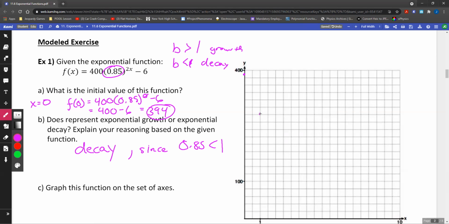And I'll just do this point over here. And it's going to end up following some curve like that. Probably could get something a little bit better, but that's pretty much good enough. So again, you can check this with the graphing calculator or some sort of graphing program.